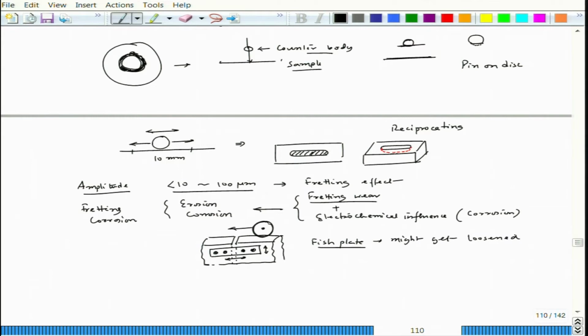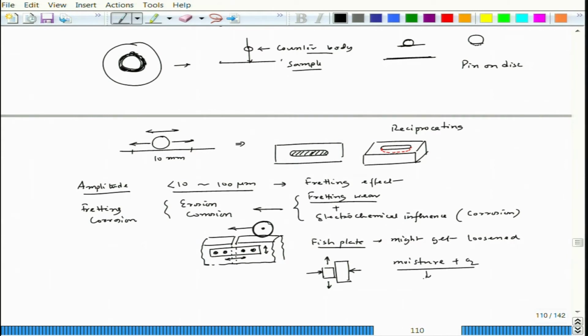Why? Because within this fist plate, between the plate and the rail, in that gap we have a strong pressure. If this is my fist plate and this is my rail body, it is under stress and there is a small amplitude fretting, and because it is also exposed to the atmosphere, we can have moisture plus oxygen.